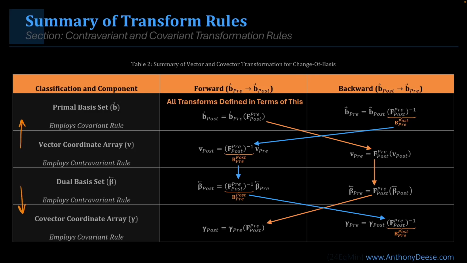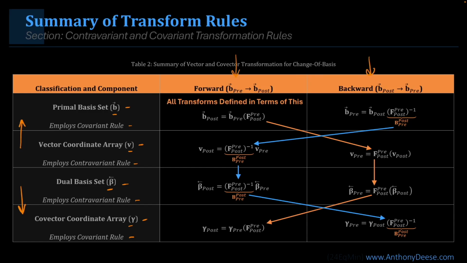Okay, this would be the basis set, the coordinates, the basis set, the coordinates: b, v, beta, gamma. We say very clearly this employs a covariant rule, employs contravariant, employs contravariant, employs covariant. And then we can see the forward and backward transforms.